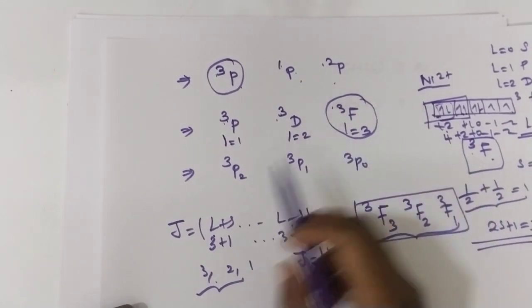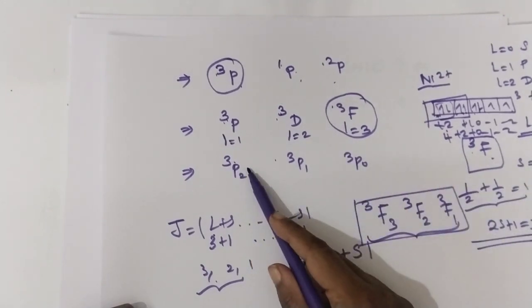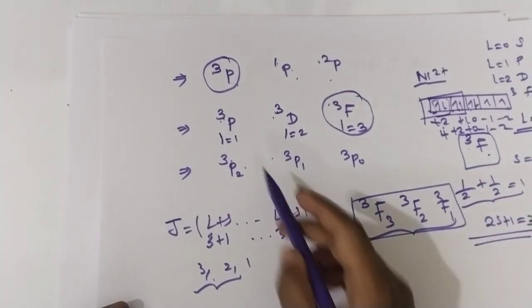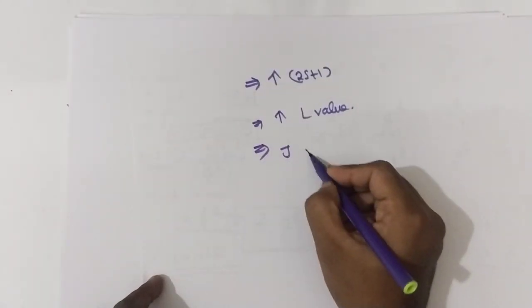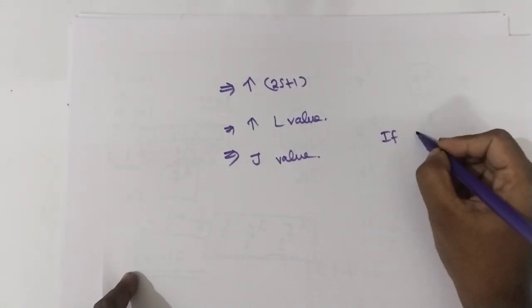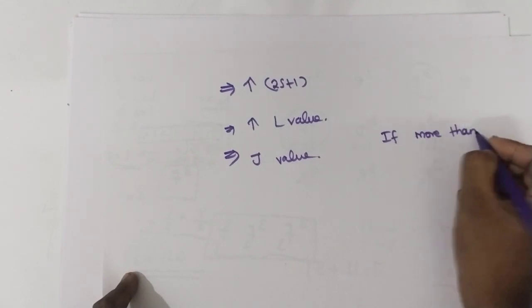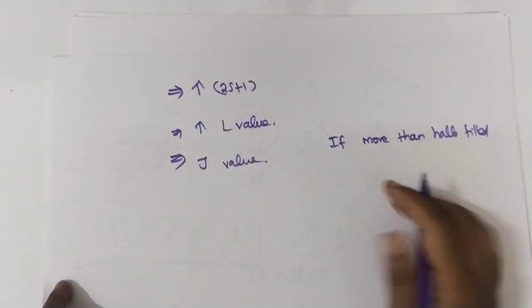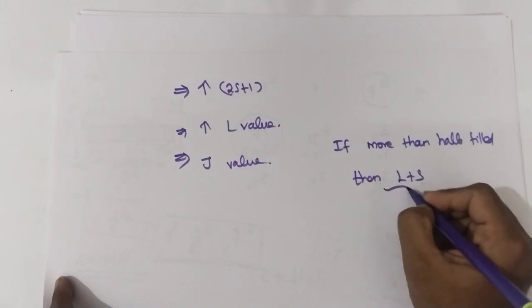Okay, L value. Now if 2S plus 1 value is also same, and the term is also same, P, and L value is also same, now how to find out? You have to look for the J value. Okay, so the next rule is: if the electronic configuration is more than half filled, then you have to choose L plus S value.